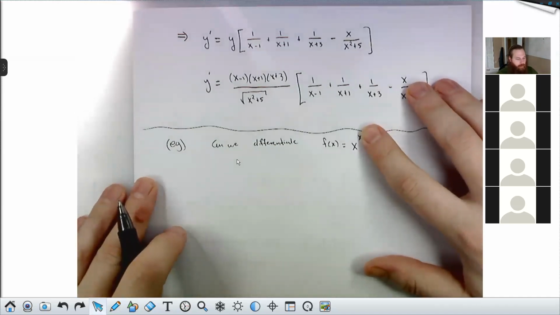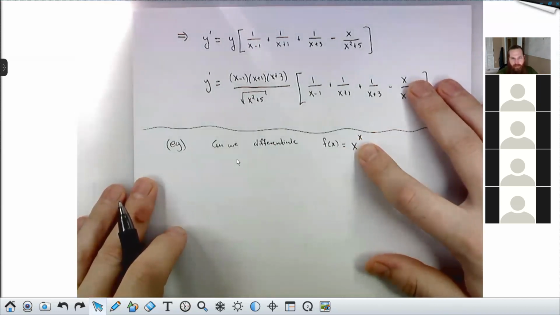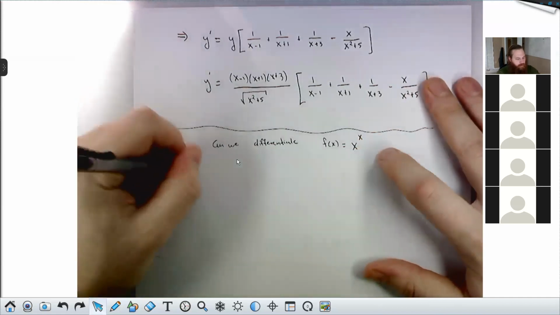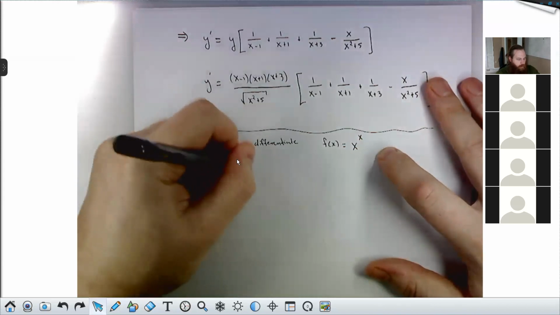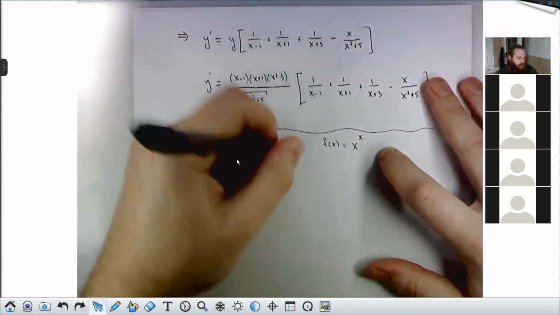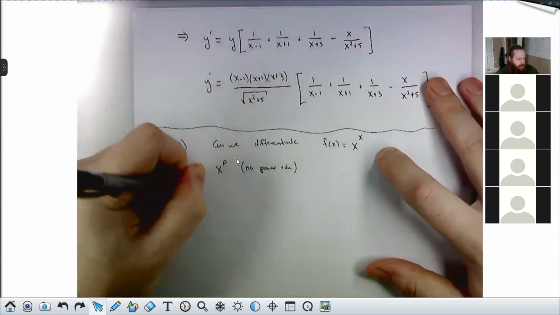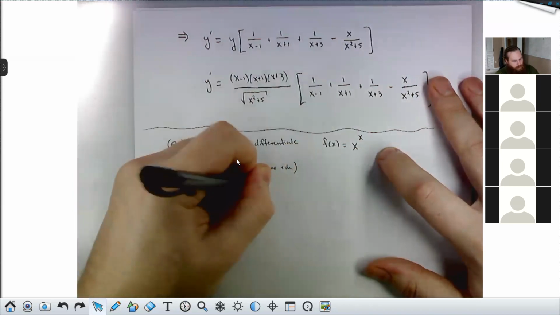The power is variable. Normally having a variable power would mean you're an exponential function, but oh, it's not a constant base either. So this is not like x to the p, so no power rule. And it's not like b to the x, so we can't use exponential rules.